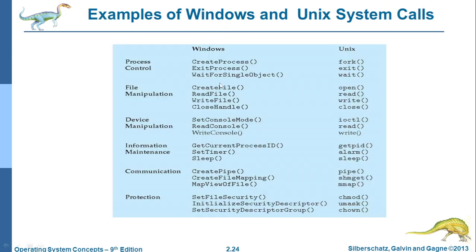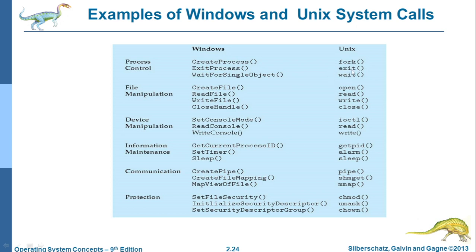There are some basic system calls in Windows and Linux. In Windows, if we make the system call CreateProcess, one process will be created. Instead of CreateProcess, in Linux or Unix we use fork. ExitProcess means if we want to terminate a process, then we use ExitProcess.